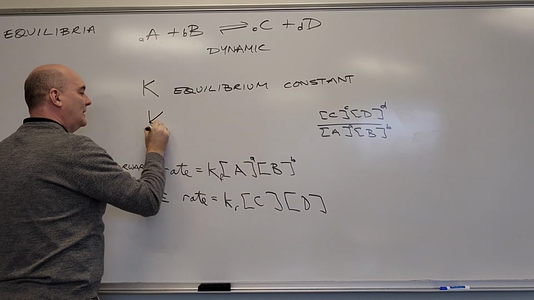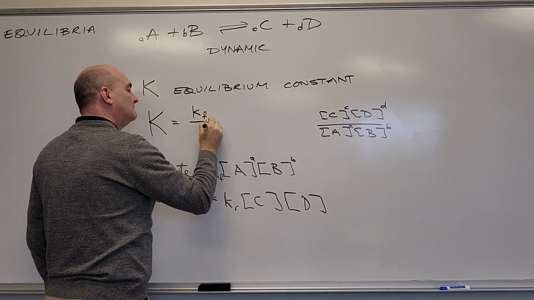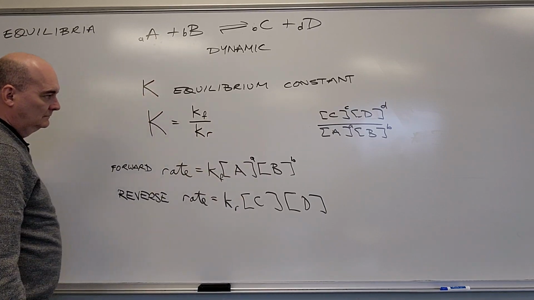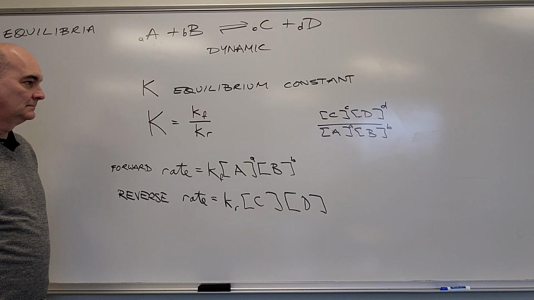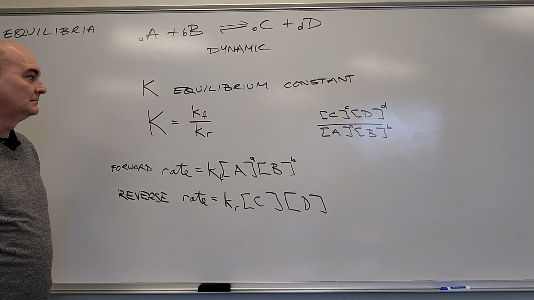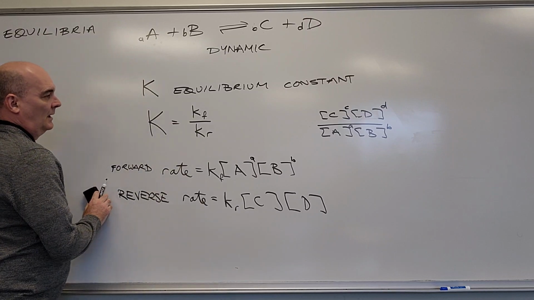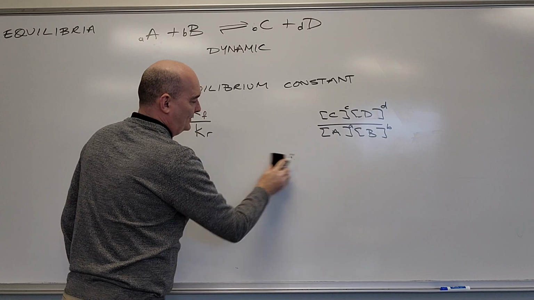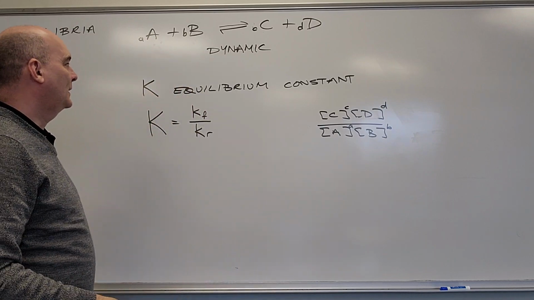The K is just that. It's the rate forward divided by the rate backwards. Oh, I didn't put my little coefficients in for that bottom one, but I think we know what to do.